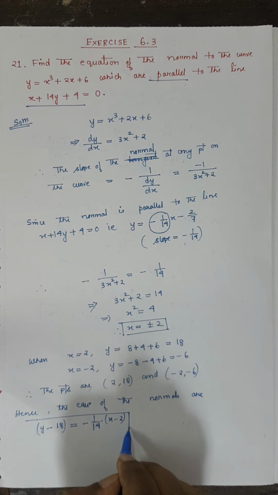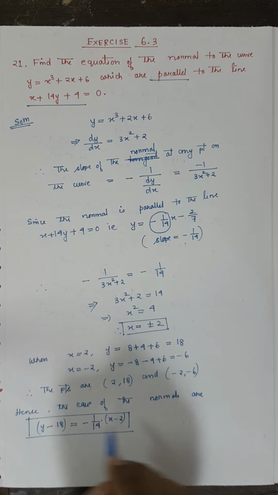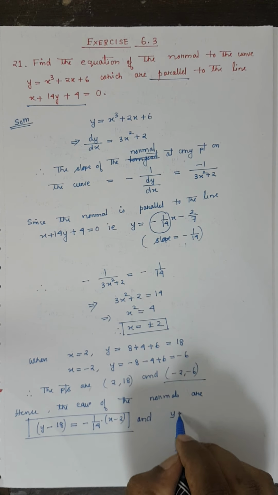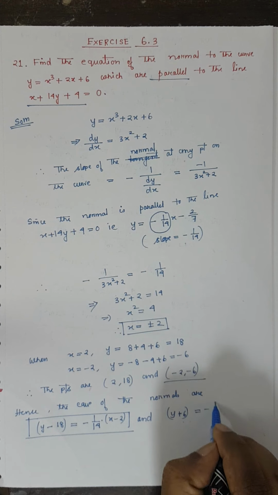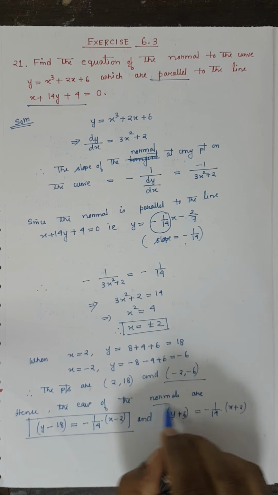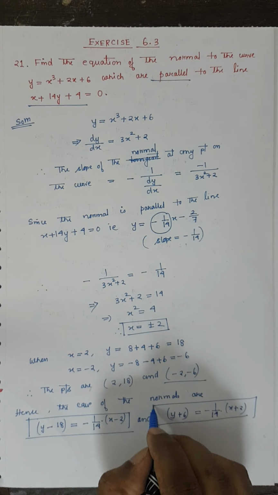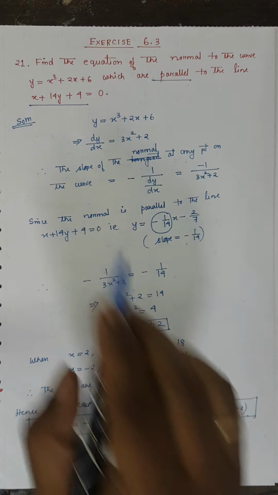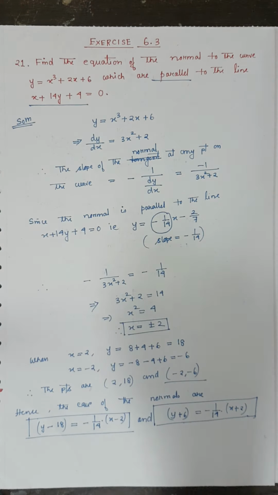If you multiply and simplify, you will get the required equation. And for this point, it is y plus 6 equal to minus of 1 by 14 into x plus 2. This is your second equation of normal. Hence, you can draw two normals to this curve which are parallel to the line x plus 14y plus 4 equal to 0.